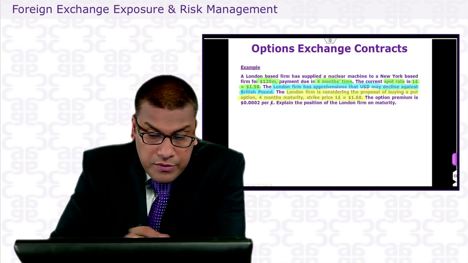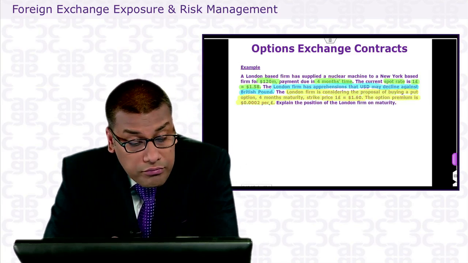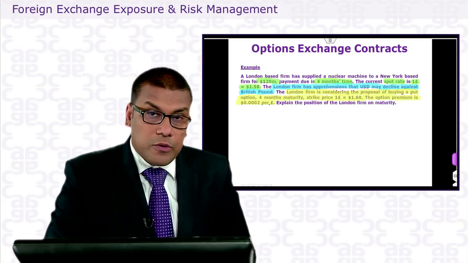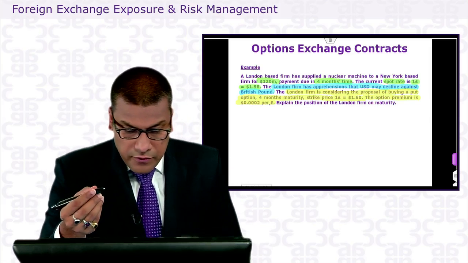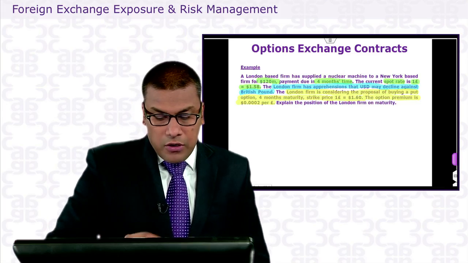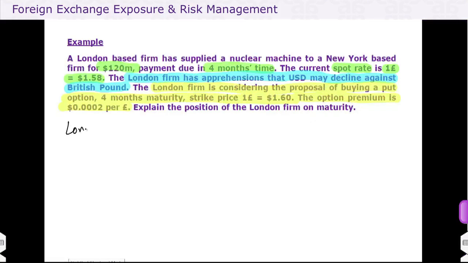The option premium is $0.002 per pound. So you need to explain the position of the London firm on maturity. What would happen on maturity? So the basic feature, just to reproduce here itself, is that when we're talking of a long put in this case, we're talking of purchase of a put. The London firm is considering buying a put option.